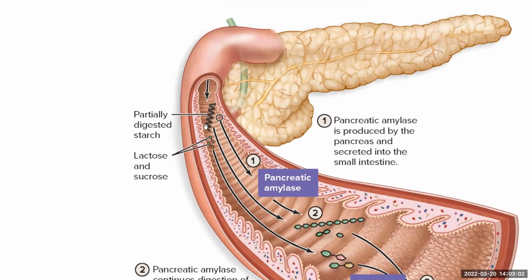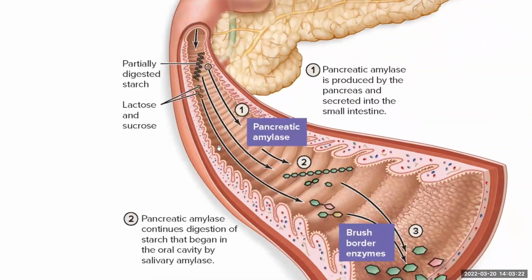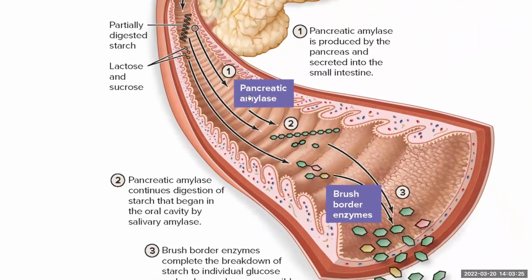So we've broken down parts of the starch, and we might have some polysaccharides available, some disaccharides, and if we're lucky, maybe a couple monosaccharides. But no worries, the pancreas is going to pump in its pancreatic amylase, and it's going to continue on with the breakdown of our carbohydrates.